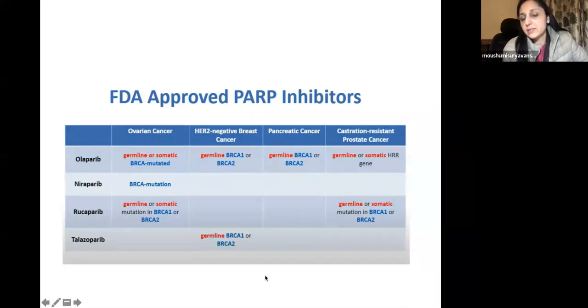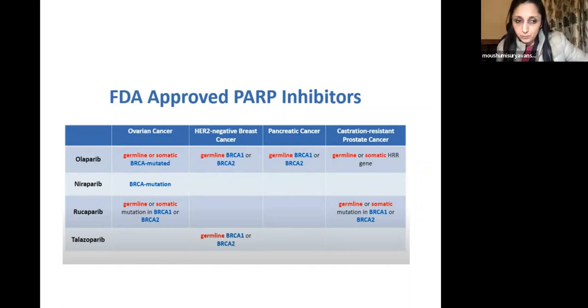For pancreatic cancer, only olaparib is approved, and for castrate resistant prostate cancer, both germline and somatic HRR genes, not only BRCA1 and BRCA2. There is a list of around 15 HRR genes which are approved, in germline and somatic, and even in liquid biopsy, they are approved.